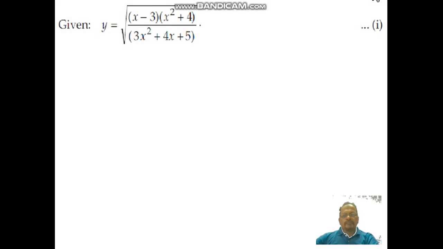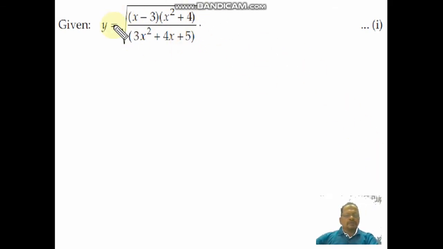The next problem, using the same logarithmic differentiation, we are given y is equal to square root of (x minus 3)(x square plus 4) upon (3x square plus 4x plus 5).